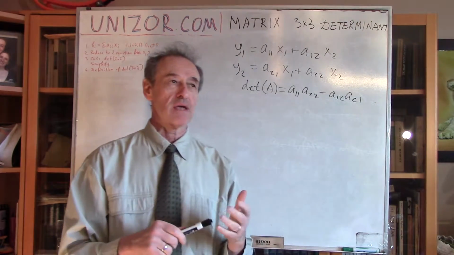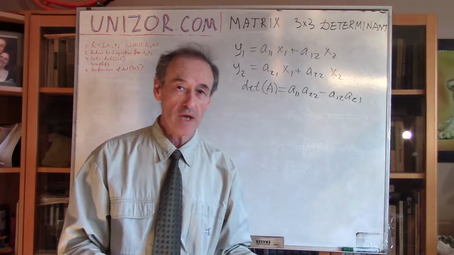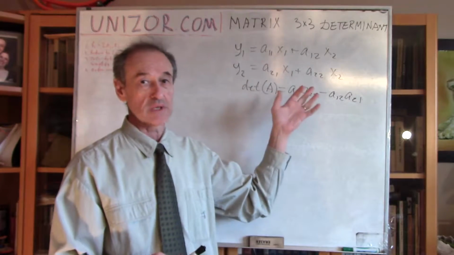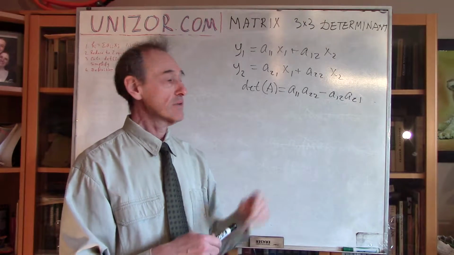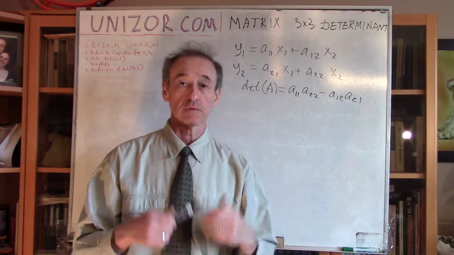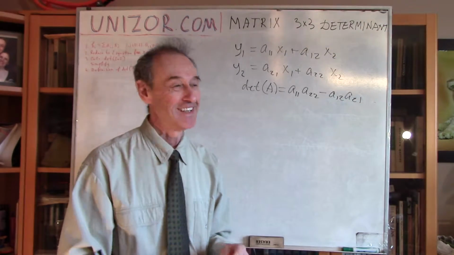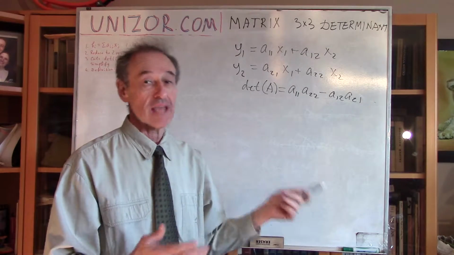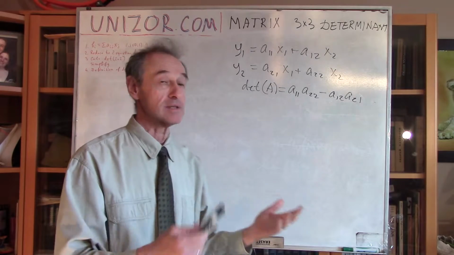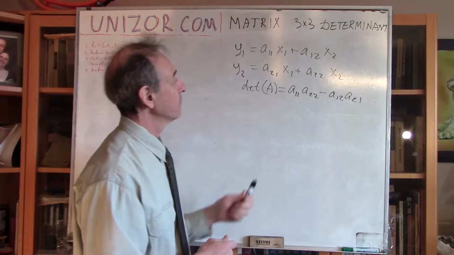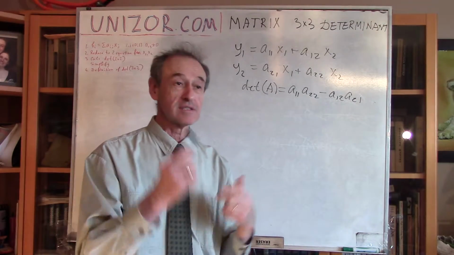If this determinant is not equal to 0, then the matrix is good in a certain way, because the unique solution of the system exists, or the linear transformation is invertible. If the matrix has the determinant equal to 0, then the system is not good. I might say it's bad. It means that the system either doesn't have a solution, or there are an infinite number of solutions, but in any way, there is no unique solution. And the transformation defined by this matrix from x coordinates to y coordinates is not invertible.